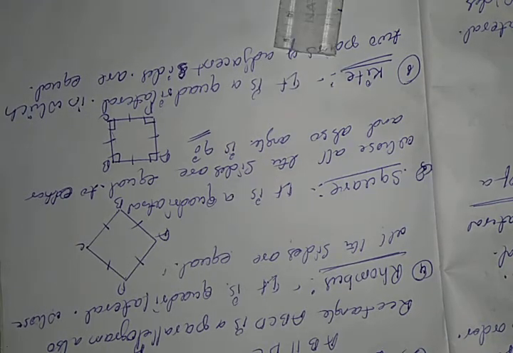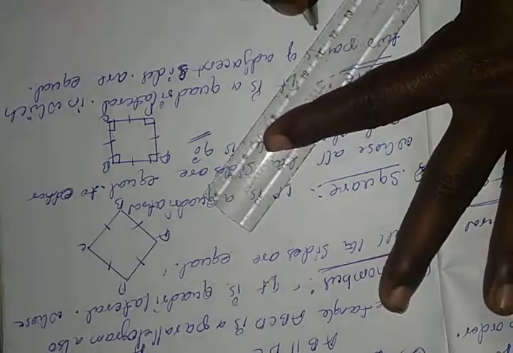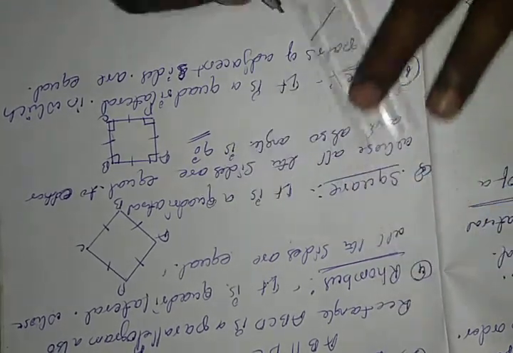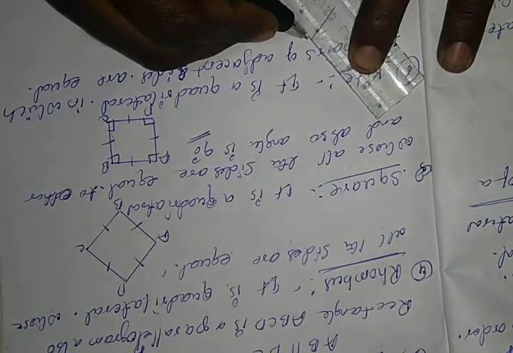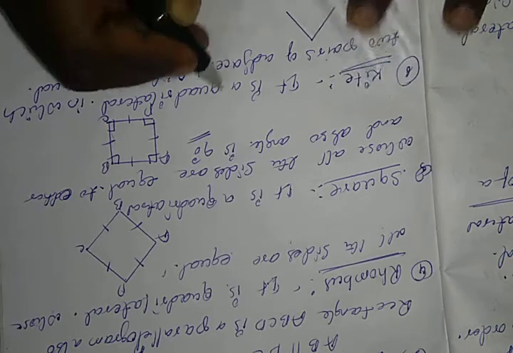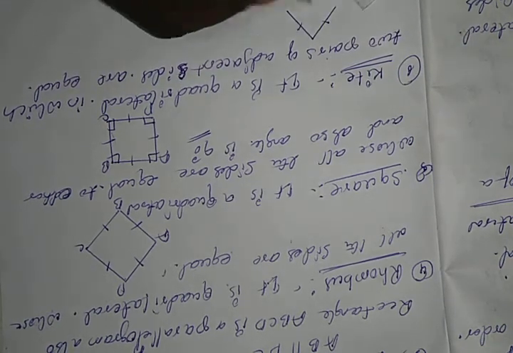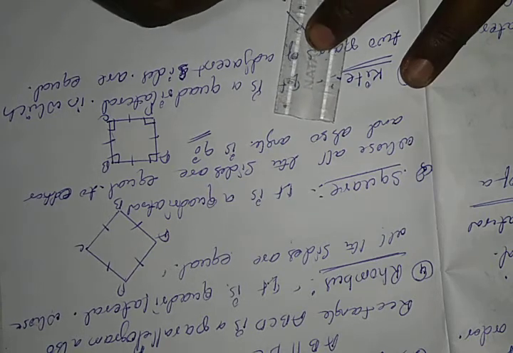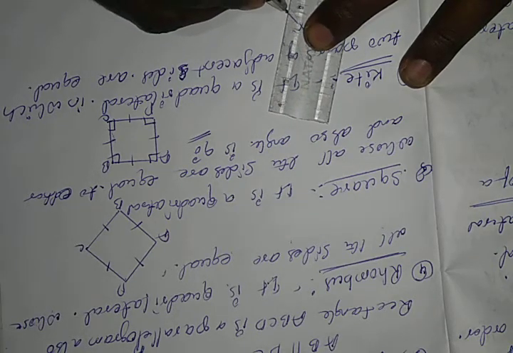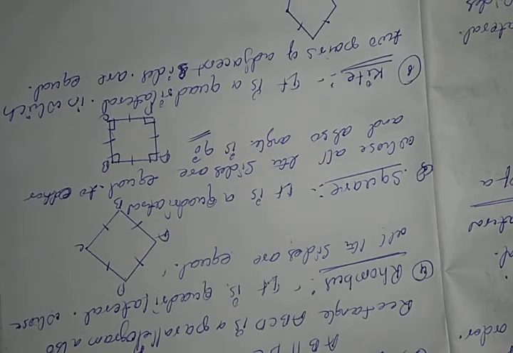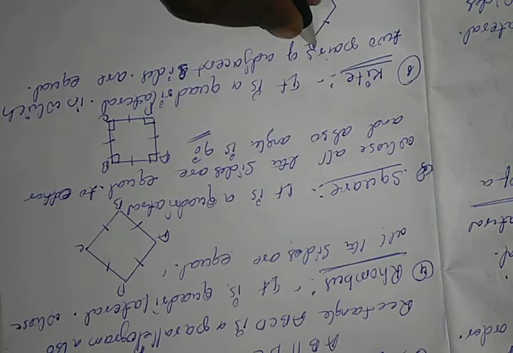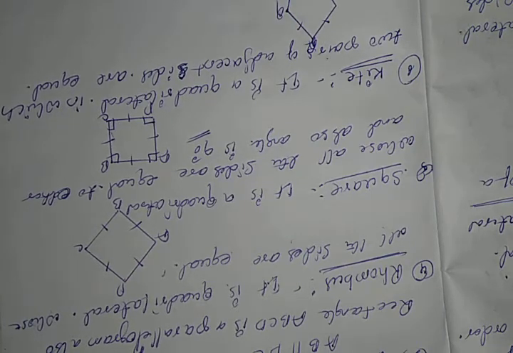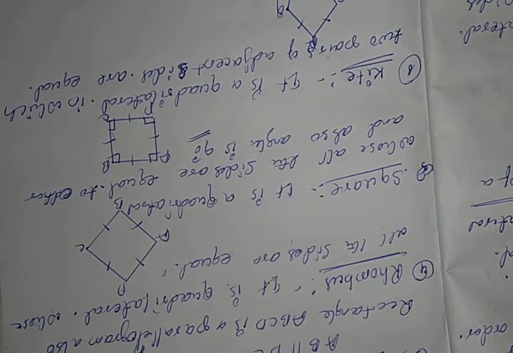So let's see the kite. These are adjacent sides, so both are equal, and also this is second adjacent sides, so this is equal, that is A, P, Q, R, S. This is a kite.